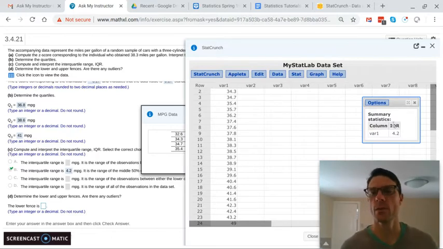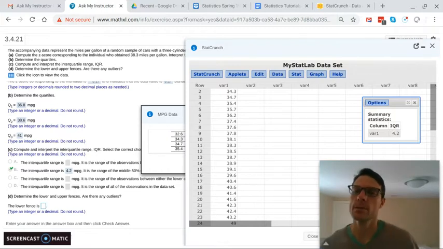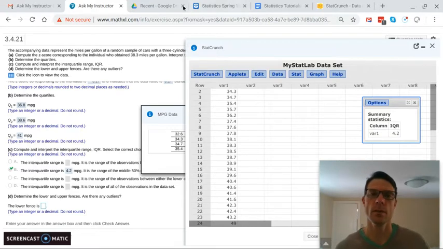So first we need to calculate the fences, which are what number is 1.5 times the interquartile range below quartile 1, and what number is 1.5 times the interquartile range above quartile 3.